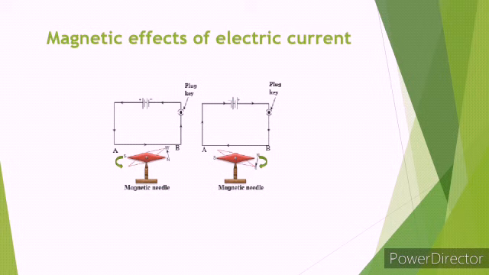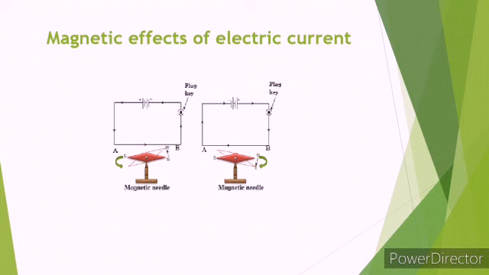Now if we change the direction of the current from north to south by interchanging the connecting wires, the magnetic compass gets deflected away from wire AB, that is towards the east.